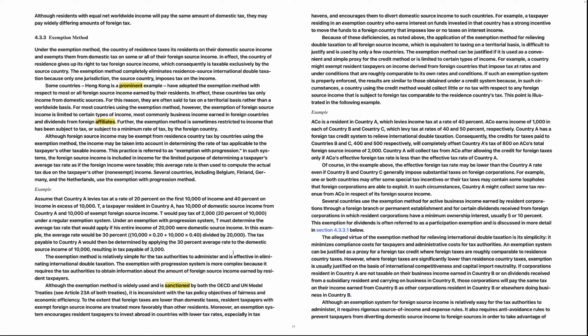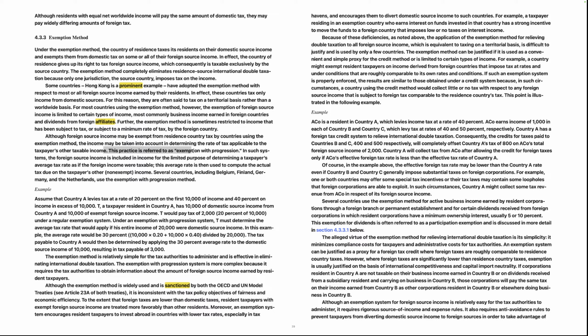Under the exemption method with progressive rate, exempt income may be taken into account to determine the rate of tax applicable to the taxpayer's other taxable income.